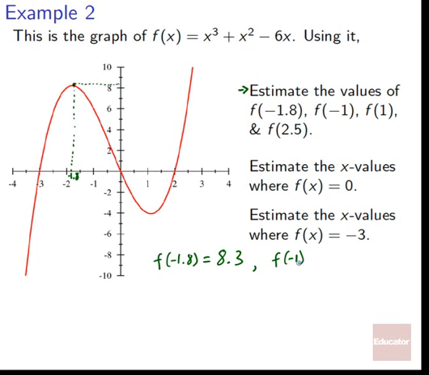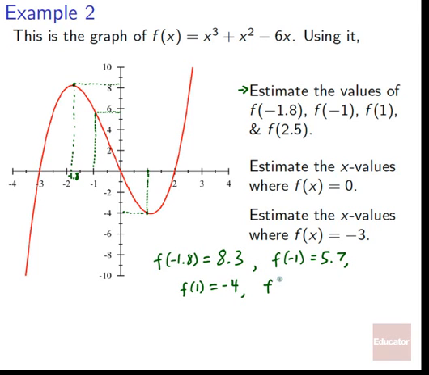Same thing for everything else. F of -1, we just go to -1, we go up. F at -1 seems to be about this high, so I'd say probably about 5.7, 5.6, so let's say it's 5.7. F at 1, we're here, we drop down, and that one looks like it's really pretty much exactly -4, so f of 1 equals -4.